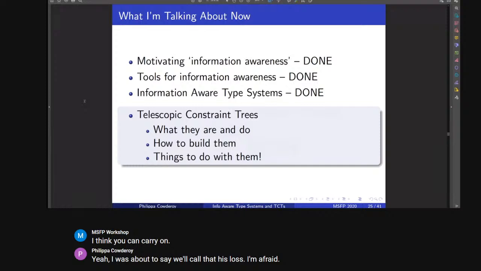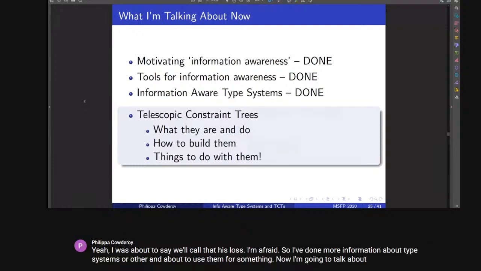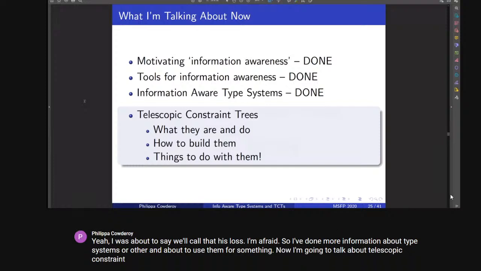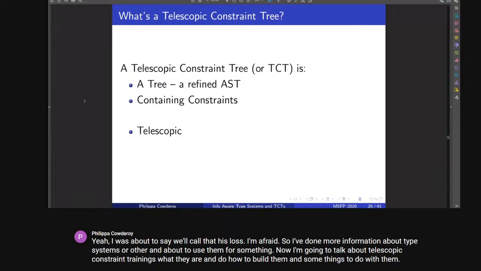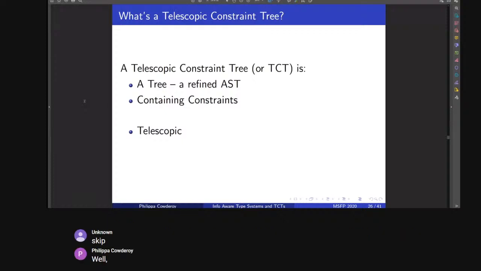So, I've done with information-aware type systems, or rather I'm about to use them for something. Now I'm going to talk about telescopic constraint trees, what they are and do, how to build them, and some things to do with them. What is a telescopic constraint tree? Well, it's a tree. It's a refinement of the AST, in fact.